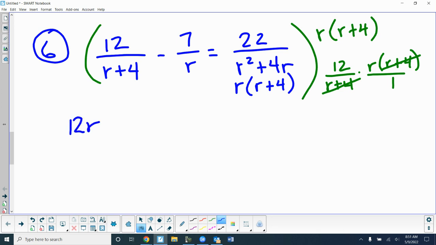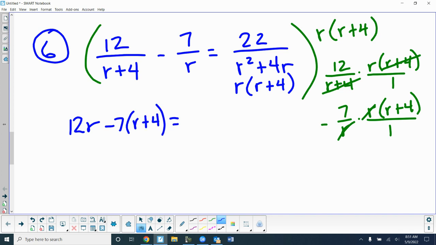So that fraction's gone. If you have negative 7 over r times r plus 4, what cancels? The r's. So that's negative 7 times r plus 4, no more fraction.